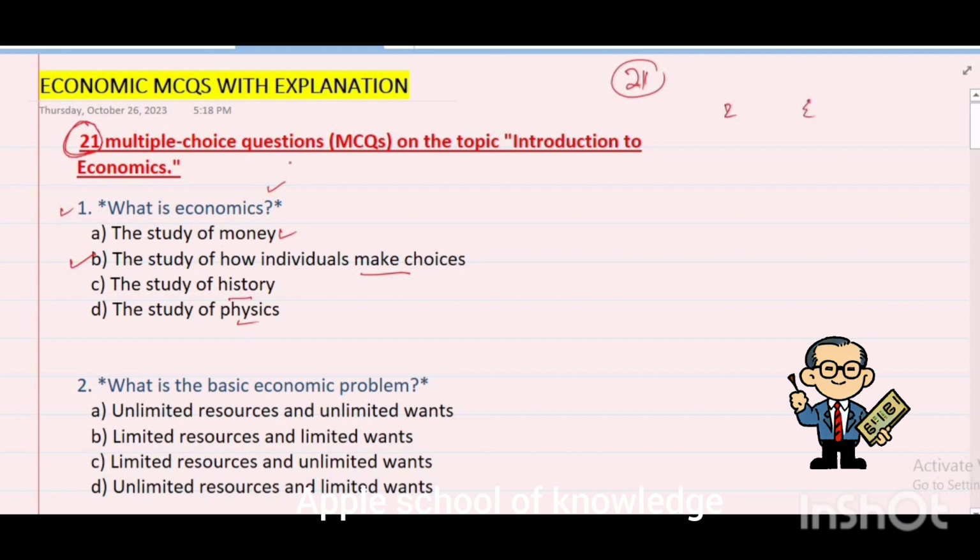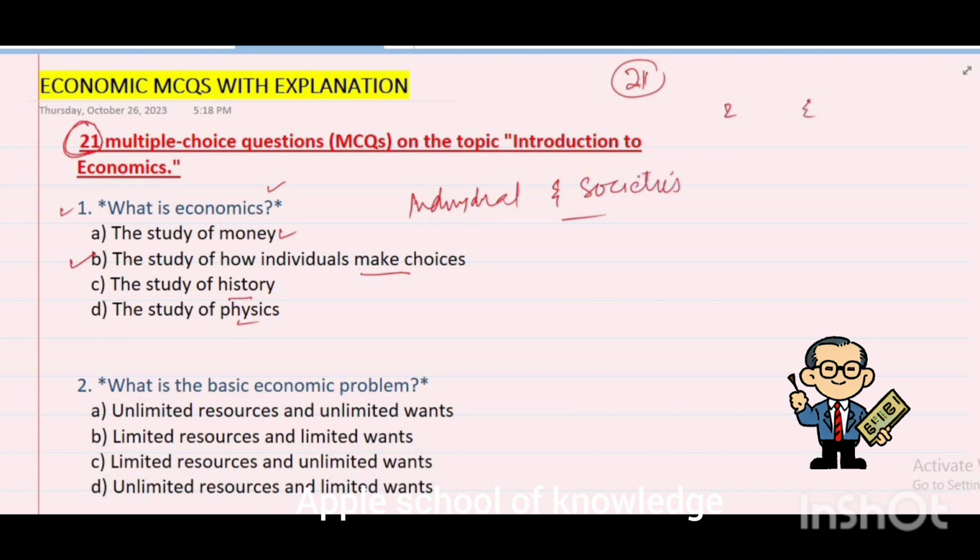As we know that economics is the study of how individuals and societies make choices to satisfy their unlimited wants with limited resources. Okay, fine. So the option I have selected is option B.